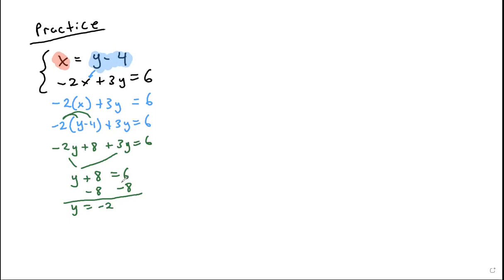Oh, I see what you did, Hope. You forgot to distribute the -2 to the -4. You just left it as -4, and that's how you got 10. Okay, -2. Take that and we plug it back into the original equation for y.